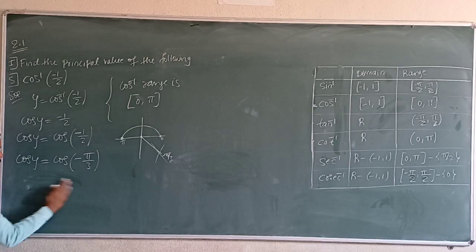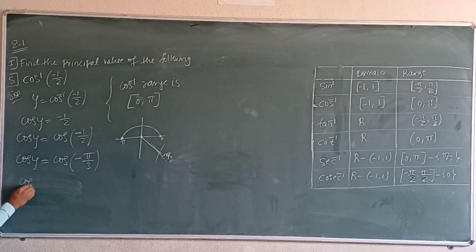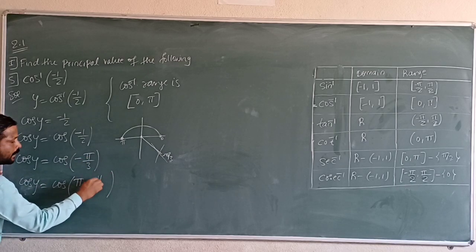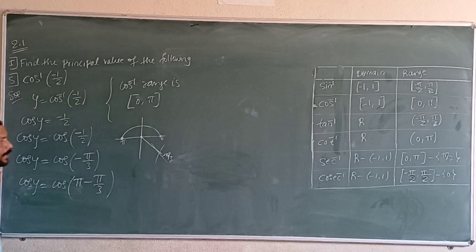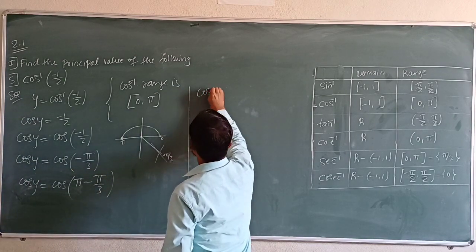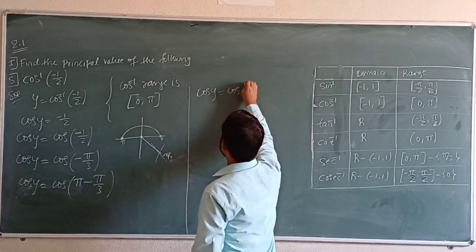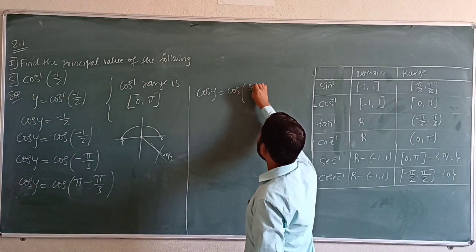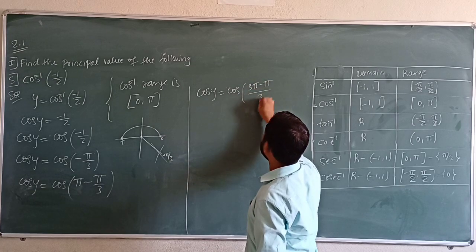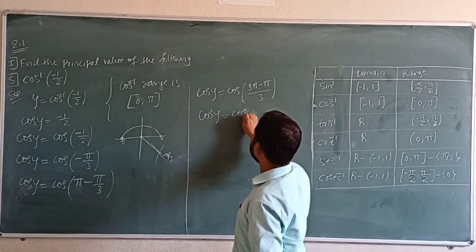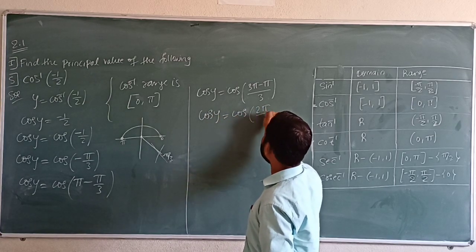We can simplify. Take again cos y is equal to cos of pi minus the value, pi minus pi by 3. Simplify: 3 pi minus 1 pi whole divided by 3, that is 2 pi by 3.